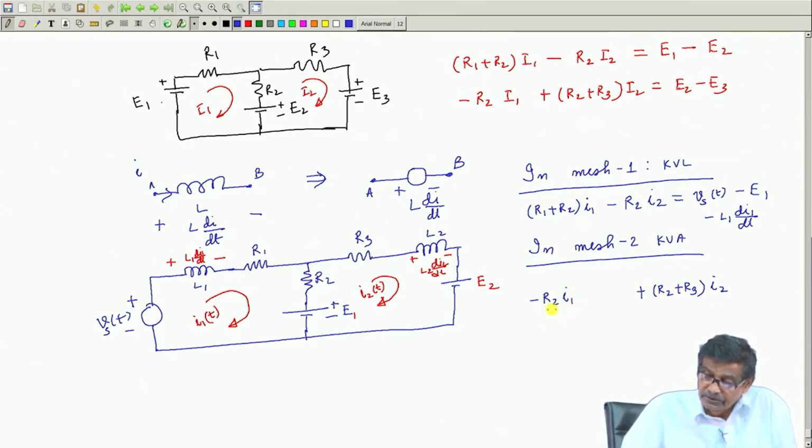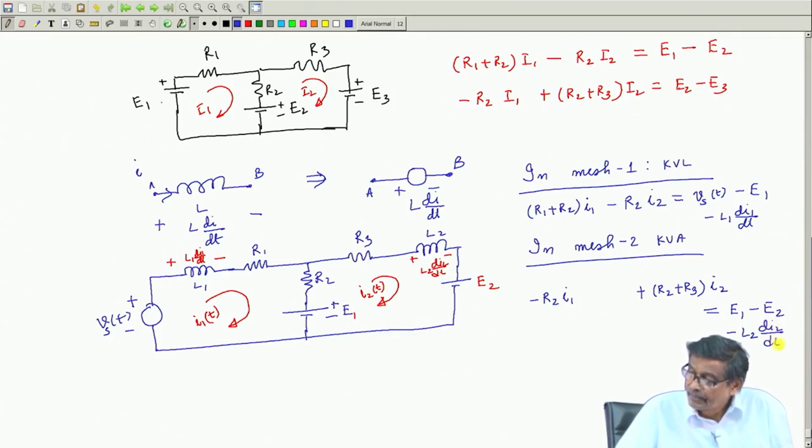On the right hand side all the sources will be written, including the inductance voltage drop. So, it will be equal to E1 plus E2, and the polarity of this voltage is minus L2 di2/dt. So, this will be the KVL equation.